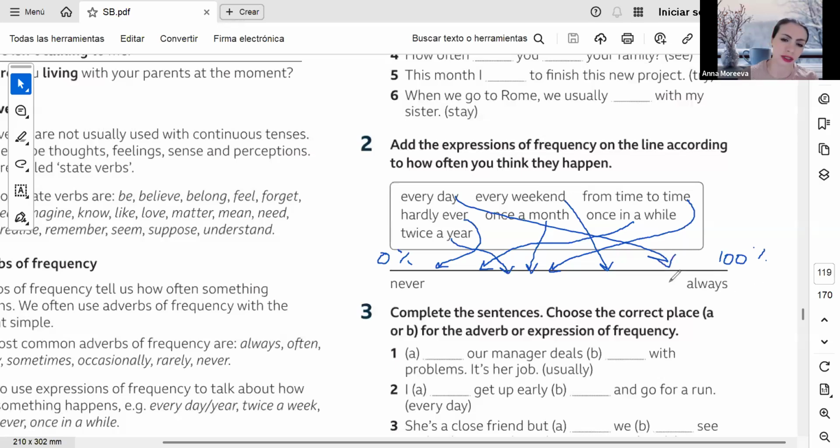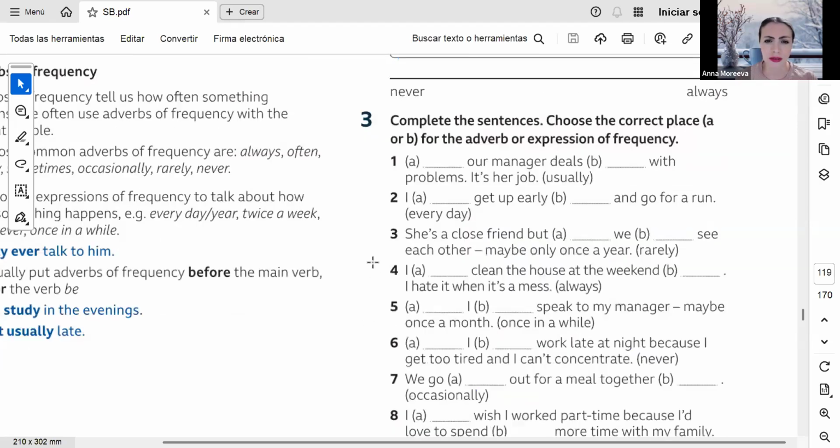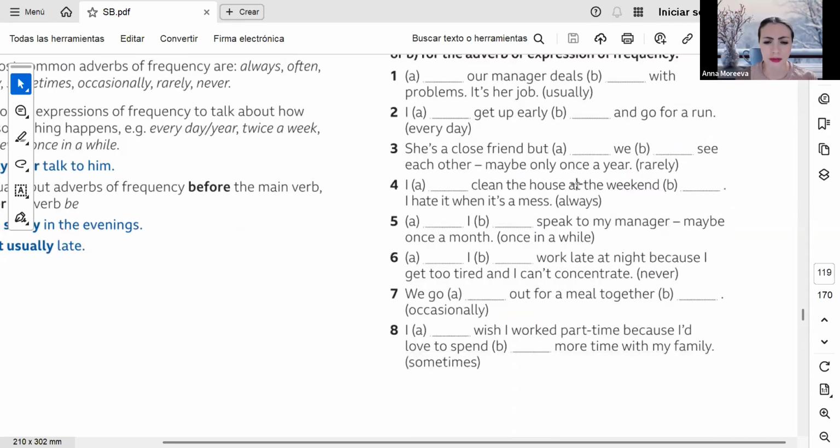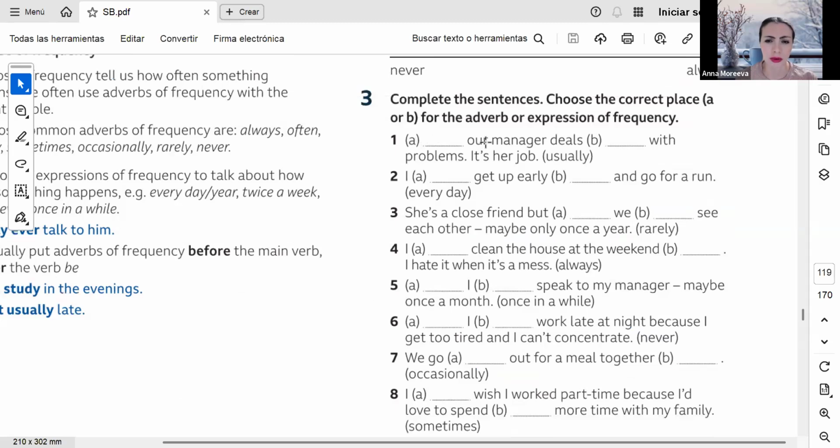So here, number 3, we will complete the sentences, choosing the correct place, A or B, for the adverb of frequency. Number 1, where do we put usually?